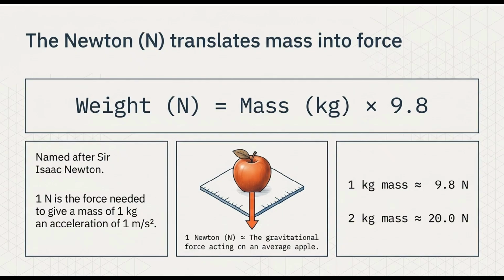A 1 kilogram object weighs approximately 9.8 newtons. And what about a 2 kilogram object? It will weigh approximately 19.6 newtons, often rounded to 20 newtons. The unit of force is the newton, named after the scientist Isaac Newton, whose work laid the foundation for classical mechanics.